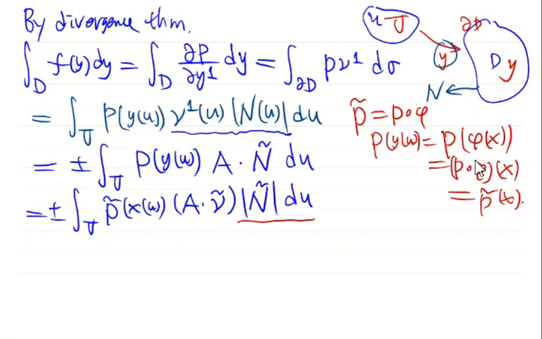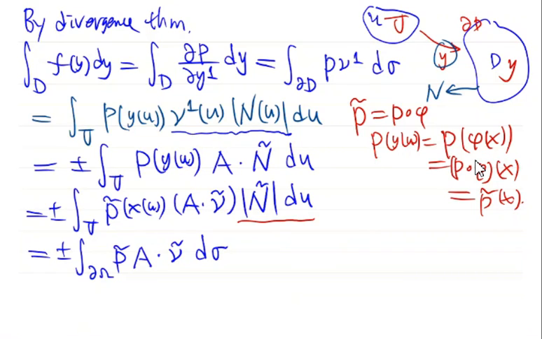So this (n-1)-dimensional integral over u can be written as the surface integral of this function p tilde, a inner product with nu tilde, over the boundary of omega.